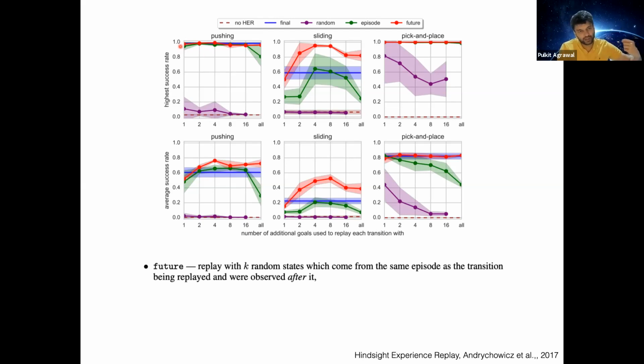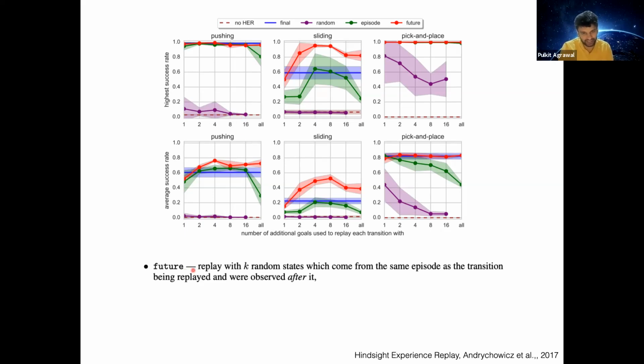And what we are seeing over here is, on the y-axis is the success rate. And on the x-axis, what they're showing is the number of goals that you label in a trajectory. Like in a trajectory, you could either choose to label only the last state as a goal, or you could have chosen other states also as a goal, right?